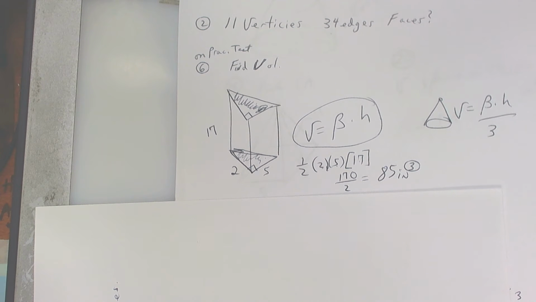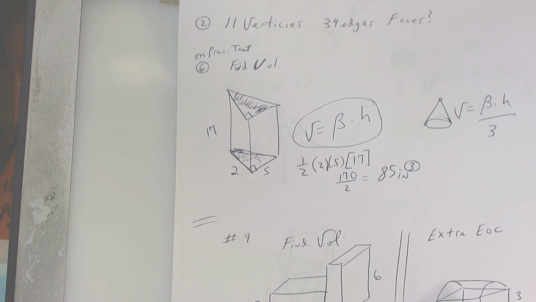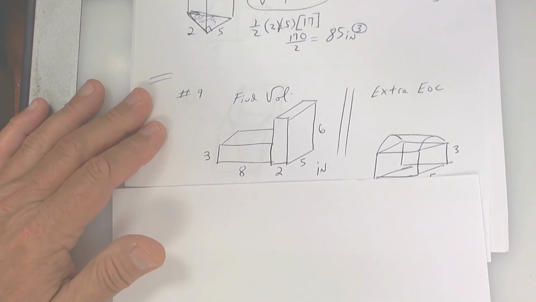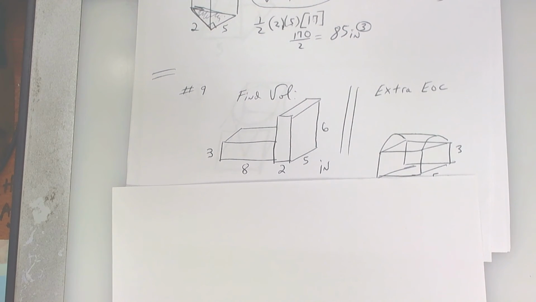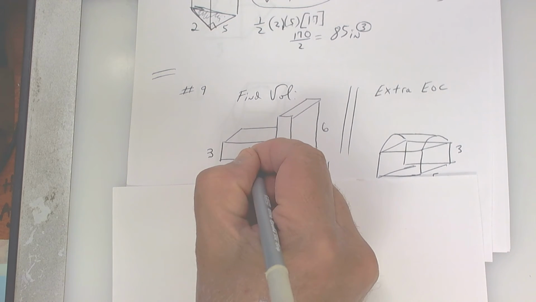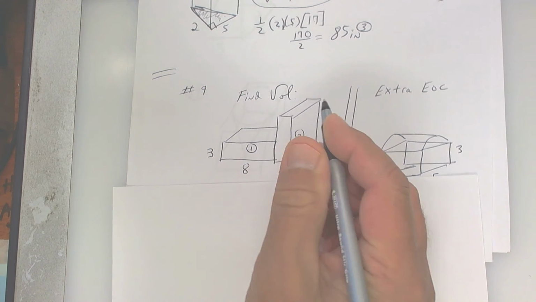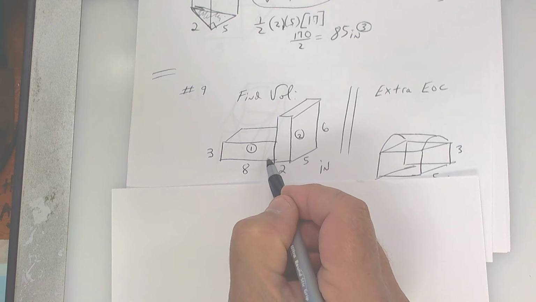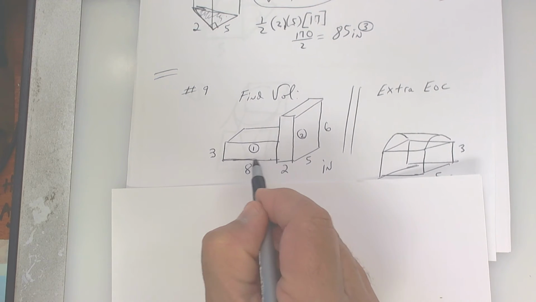Let's keep working. We're going to do some on the practice test, and then I'm going to give it to you. So look up here. This one right here says find volume. All right, so volume is length times width times height. So you've got two figures here. You've got this one, and you've got this one. So I'm going to do the number 1 first. The length is 8.